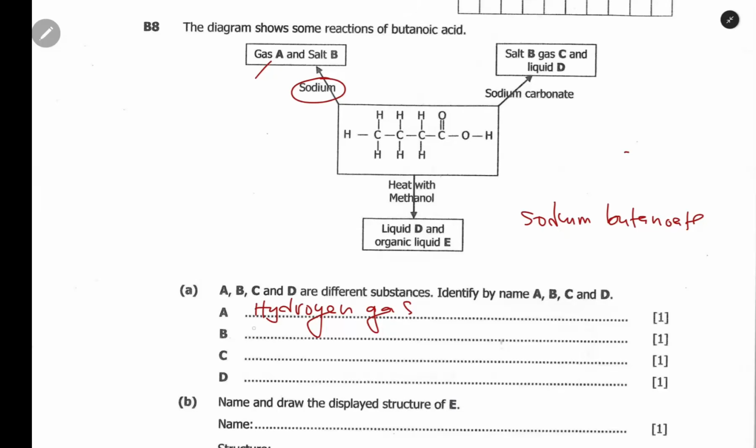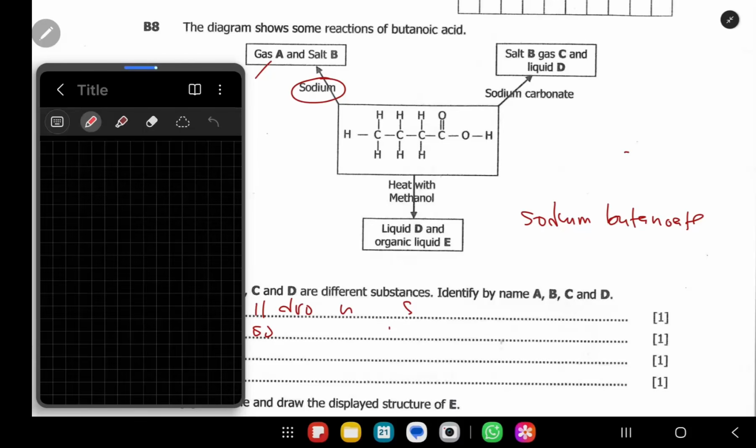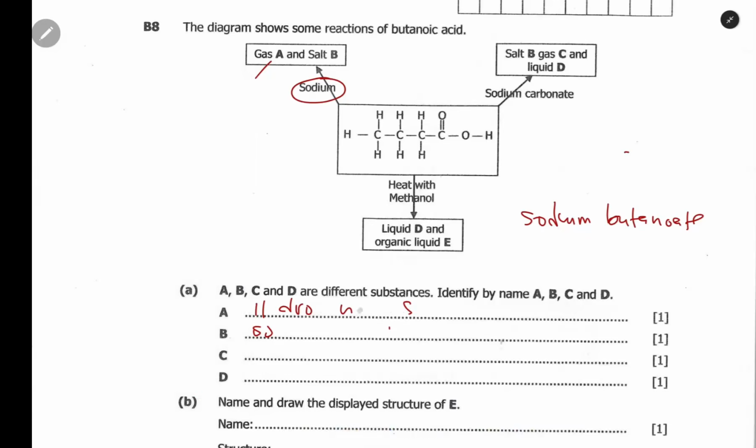So this is called sodium butanoate. Let me just write this properly. This is hydrogen gas. This is the sodium butanoate.